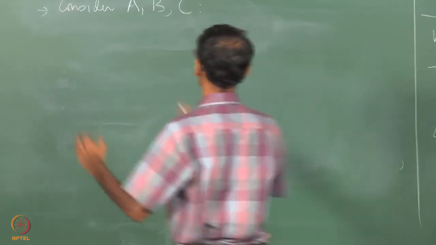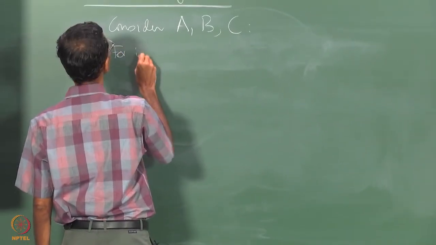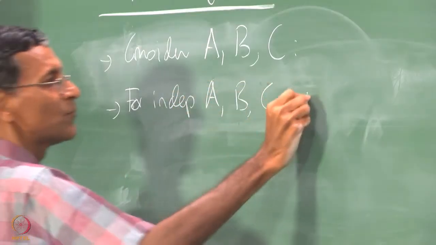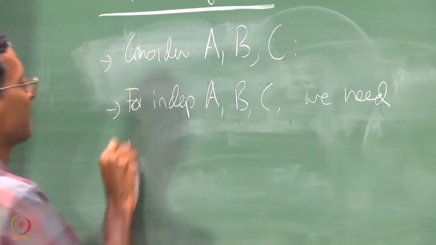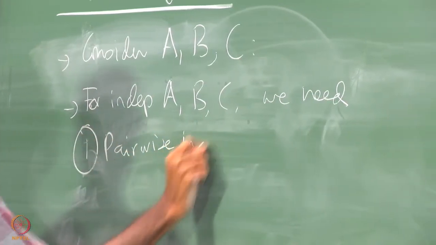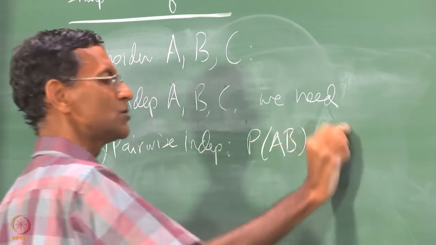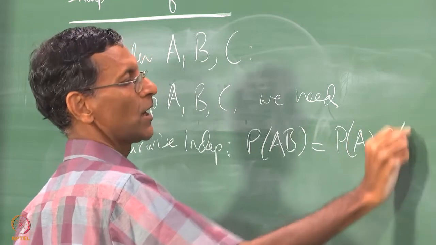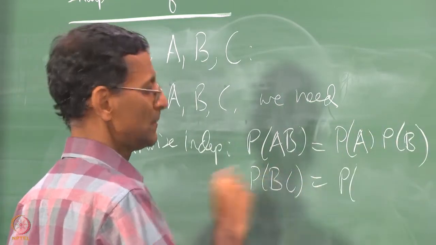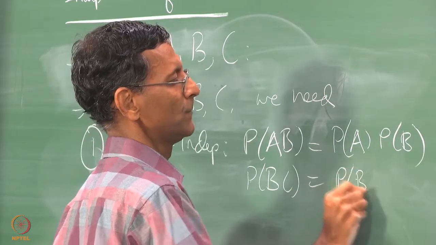So first thing, of course, pairwise independence. For independence of A, B and C, we first need pairwise independence. What is pairwise independence? For any pair, the joint probability should be the product. For all 3 pairs, the independence should hold.